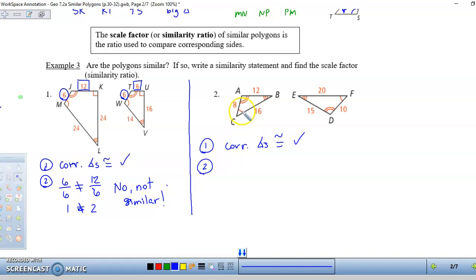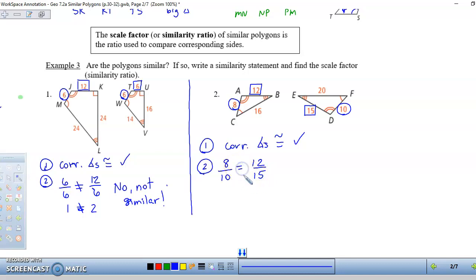Again, if I look at how the angles are marked, 8 corresponds to 10. So I'm going to start with 8 over 10. Next I have this angle, and this side is 12. I'll make that a square. And then between the double and the triple, I have 15. So now I have 12 over 15.